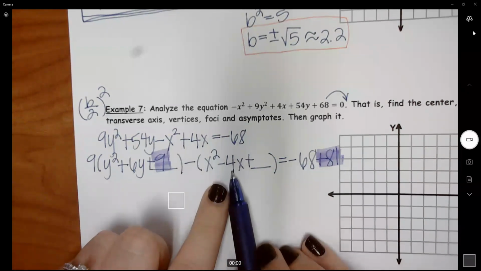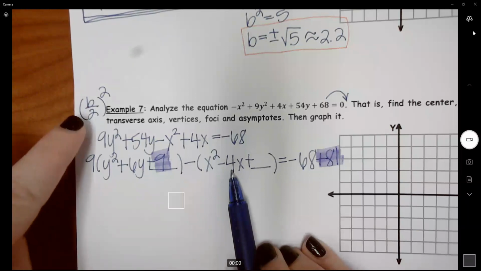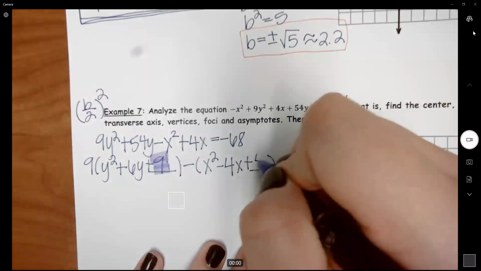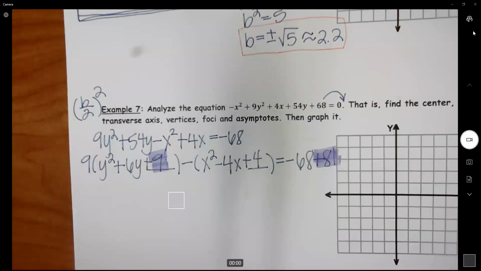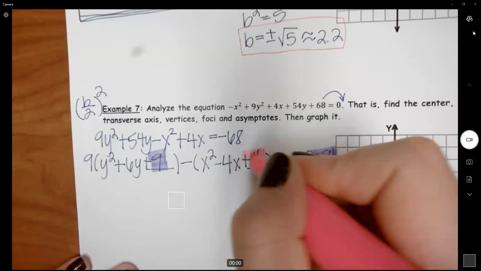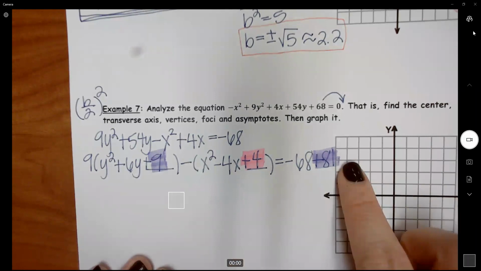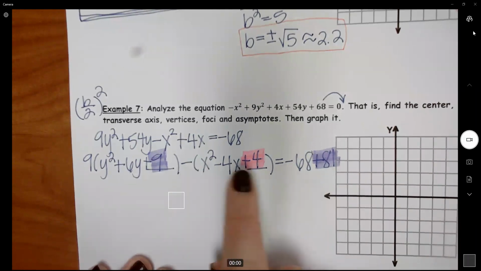Here, this is my b, my negative 4. So negative 4 divided by 2 is negative 2, and negative 2 squared is 4. Now, when I add 4 here, what am I actually doing over here? Well, this is negative times 4.